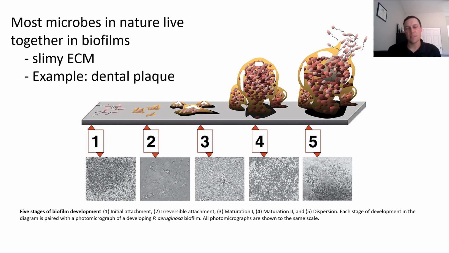That can assist other cells in attaching to the area, and it also provides a protective layer that helps to keep all of the individual microbes within the biofilm safe from things passing in the environment.